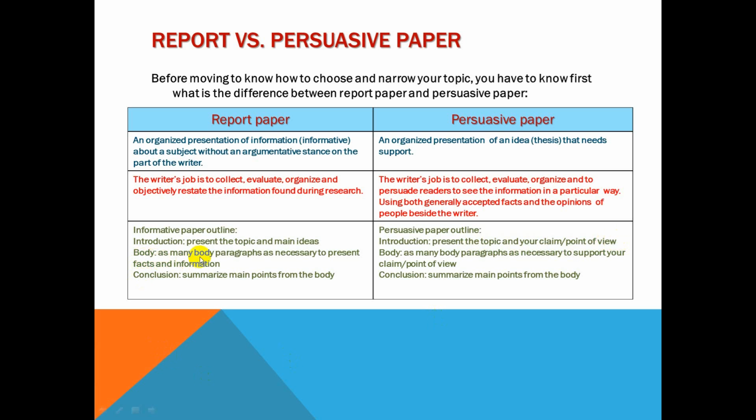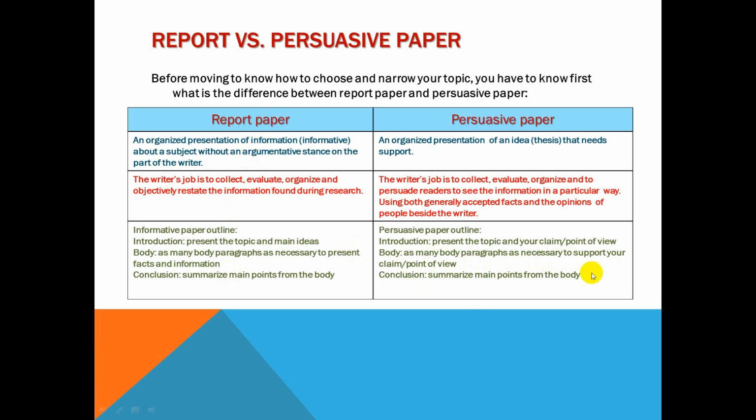The body has as many body paragraphs as necessary to present facts and information. Here, it is just to present the facts and information gathered and organized for the report paper. As for the persuasive paper, of course, we also have as many body paragraphs as necessary.